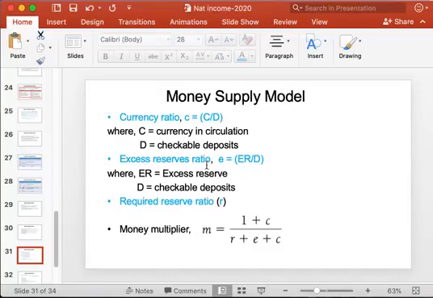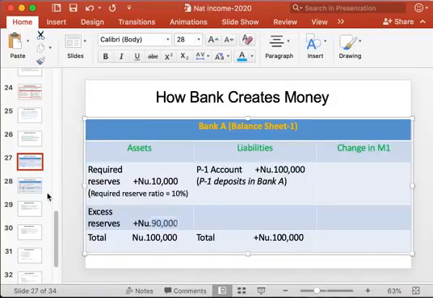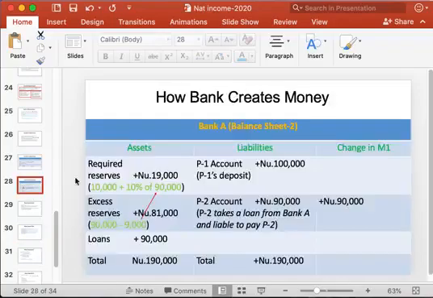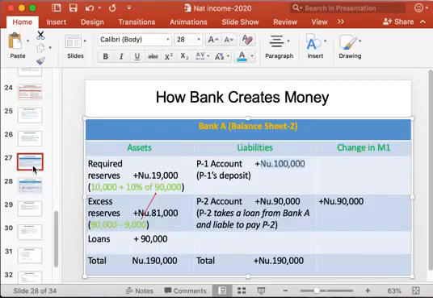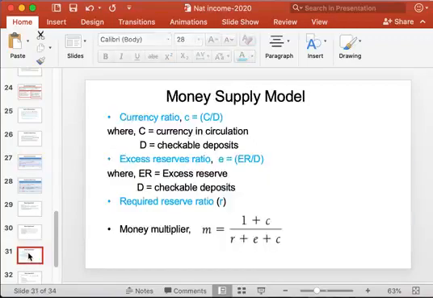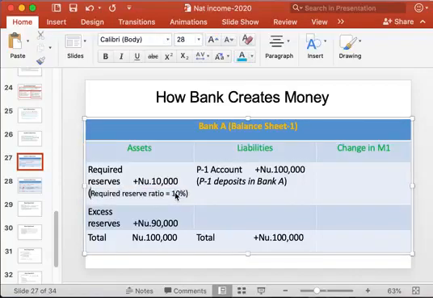And E is the excess reserve ratio, which is given by the excess reserve, for example the 90,000 here, divided by the checkable deposit here. And R is the required reserve ratio, which is actually specified by the central bank, which you see here, for example 10% here.